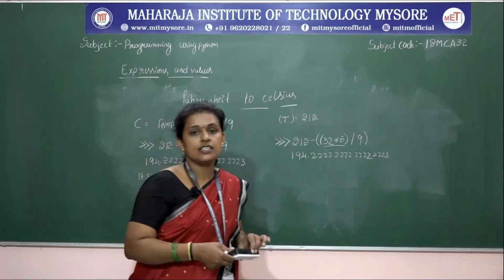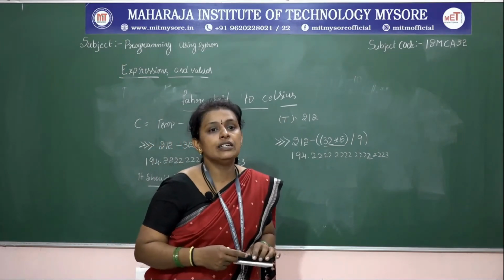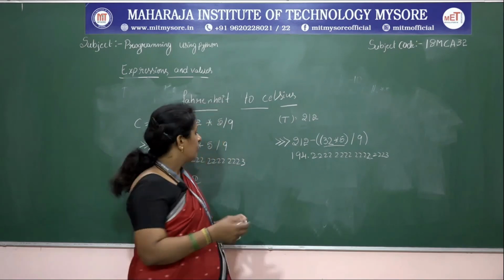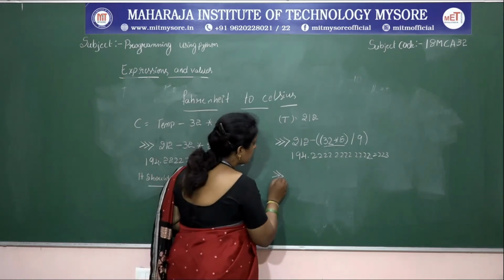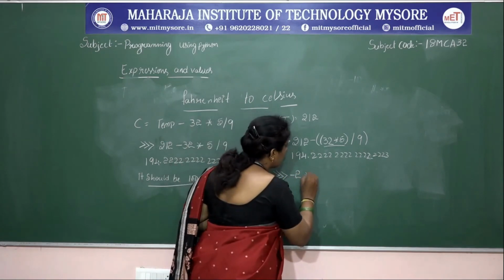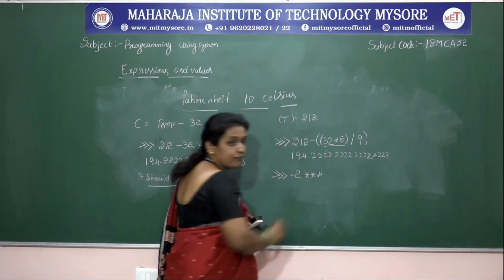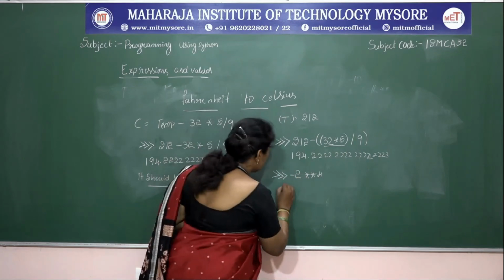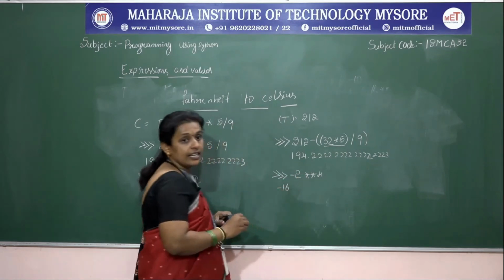Operators with higher precedence are applied before those with lower precedence. For example, consider minus 2 power of 4. The answer is minus 16.